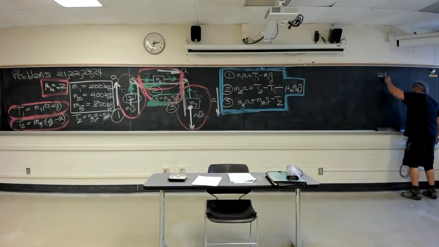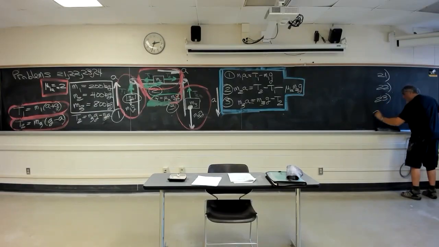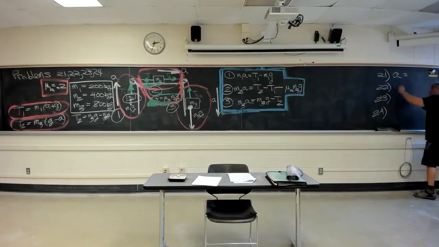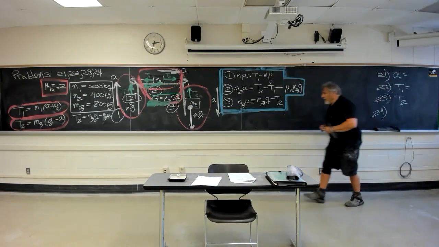There's 21, 22, 23, 24. They want the acceleration. They want T1. They want T2. And then there's some other thing that we're going to put on there. So we'll get to it.